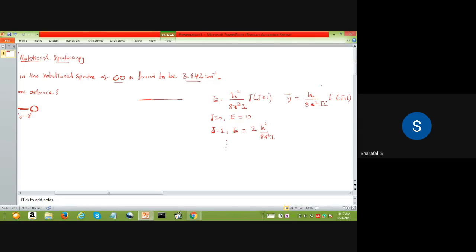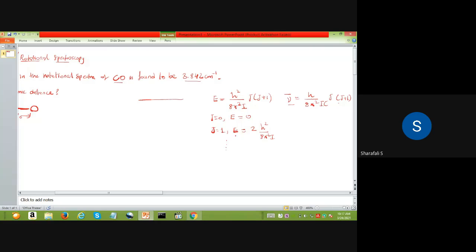This also we have done in the previous sections. So this energy E in joules is h square by 8 pi square I times J into J plus 1, and the wave number nu bar is equal to h by 8 pi square I c, J into J plus 1.